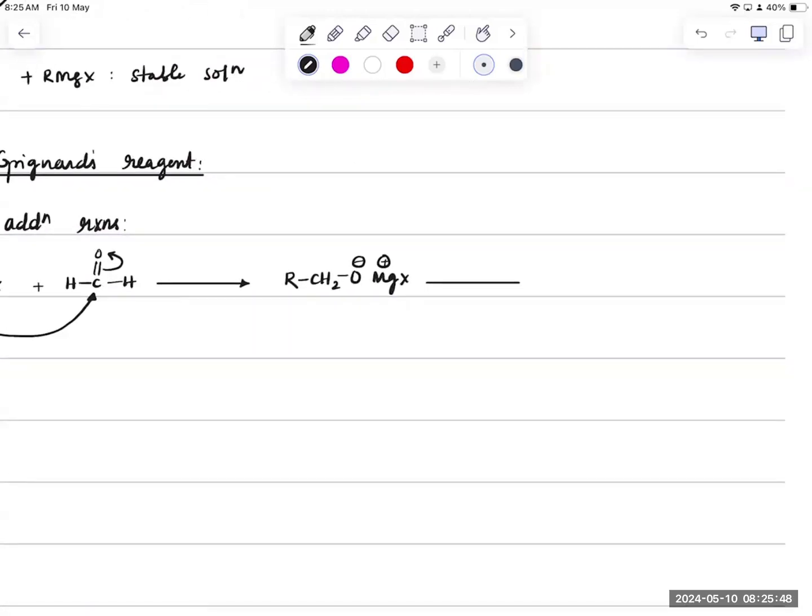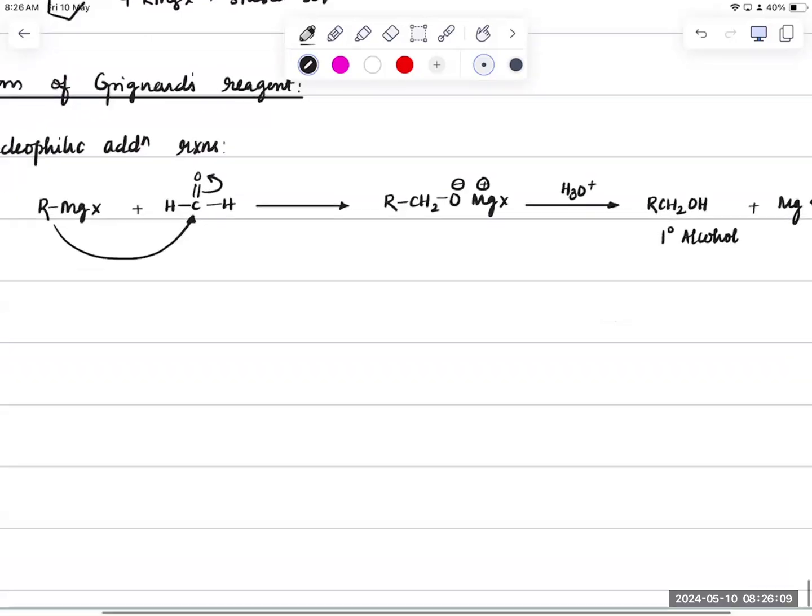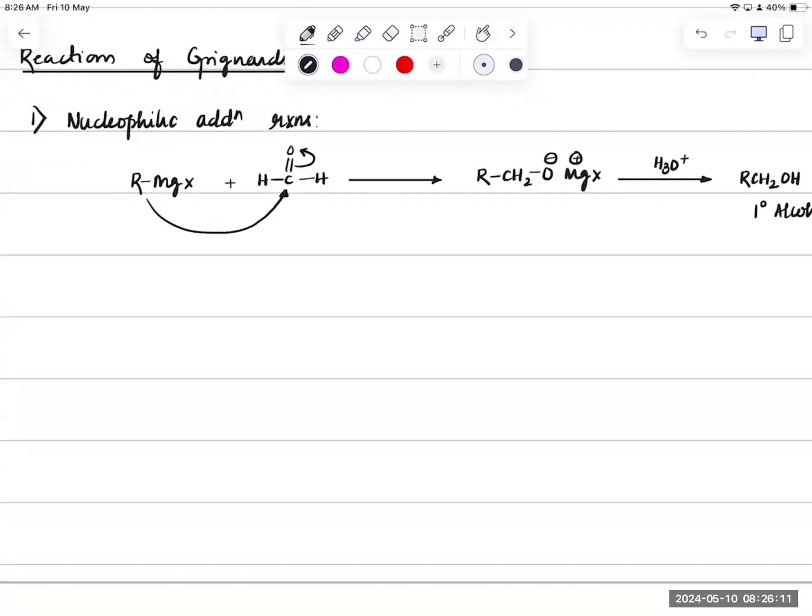And if this is followed by hydrolysis, that is, if you take H3O plus on it, we will get RCH2OH. What we are getting is 1 degree alcohol, plus MgX and OH here. So this is the product you will get. Okay. So I hope all of you understood what is going on here.